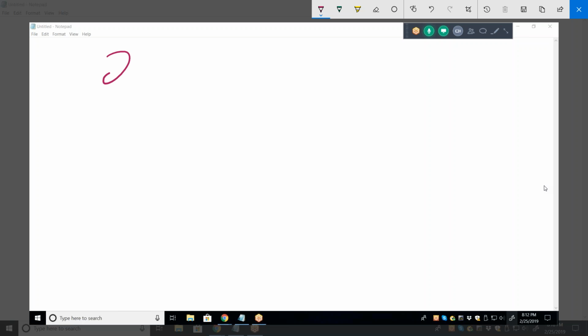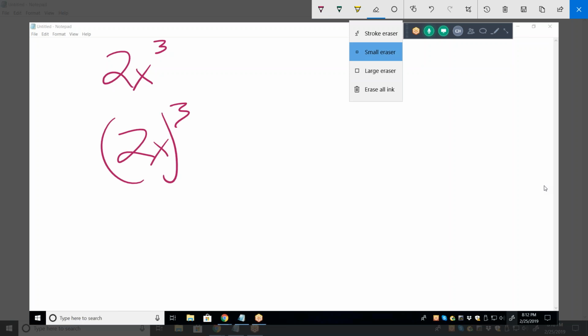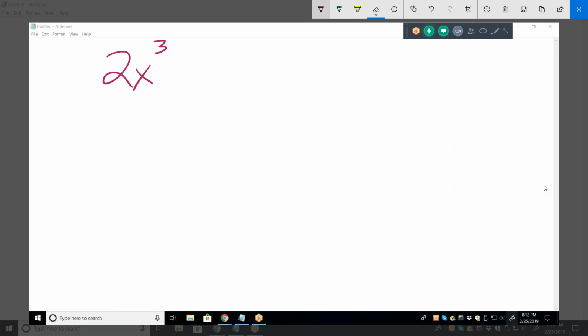2x cubed. Is that 2x cubed like that, or did you mean something else? Yeah, like that. Because there's a difference. Yeah, the first one. 2x cubed plus 3x squared, and then plus 2x plus 3. What's this called?